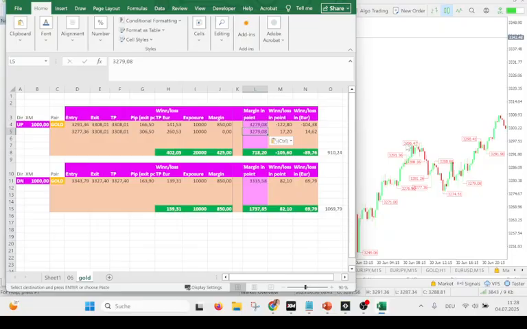In this case, okay, I said we entered here the price. Let's say the price would have dropped to here to 3249.01. Then you would have needed a lot of margin.